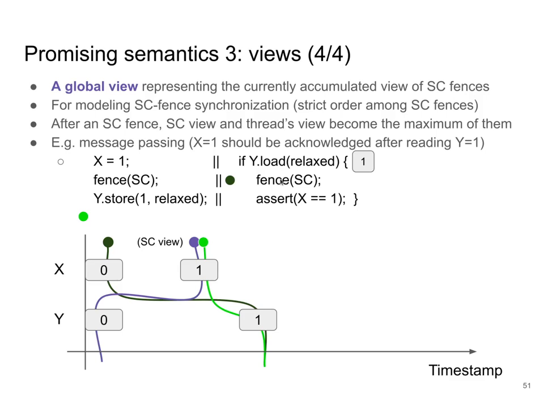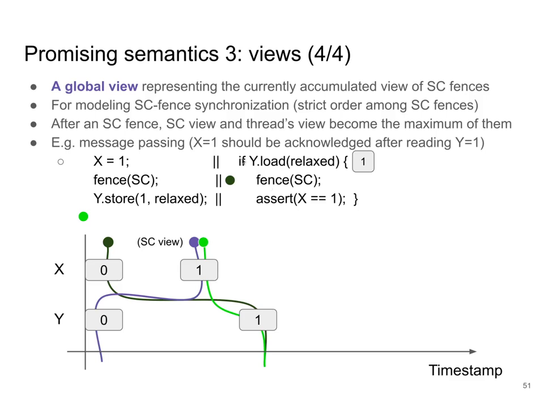This is very much expected because x equals 1 is executed before this fence, and this is executed before this fence, and this is executed before the assertion. So the per thread view should be updated to point to x equals 1 at this point.